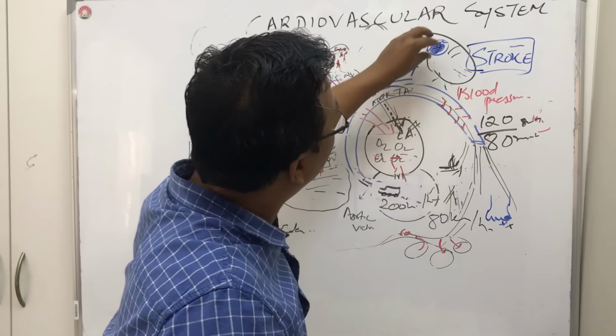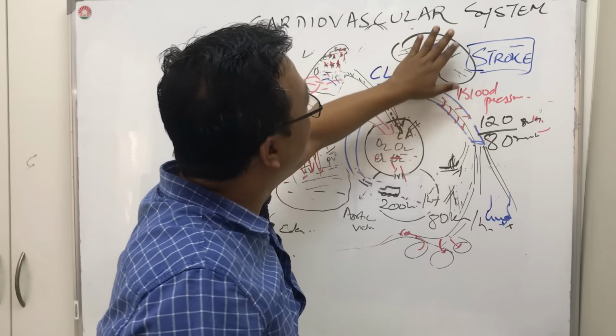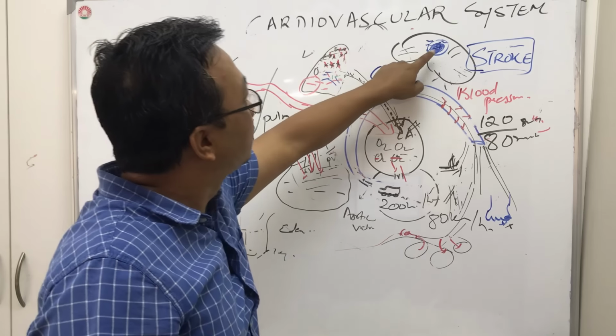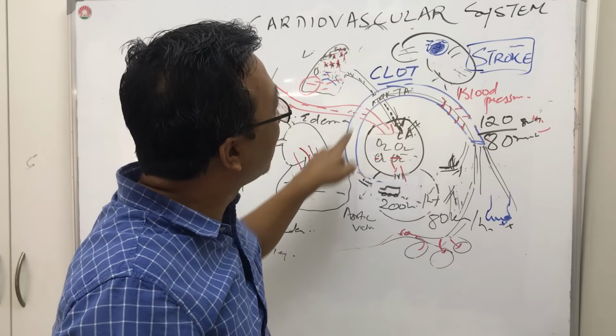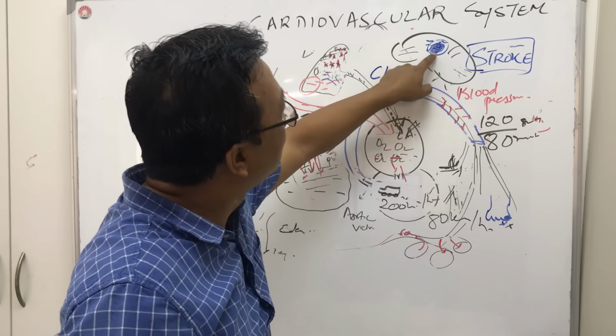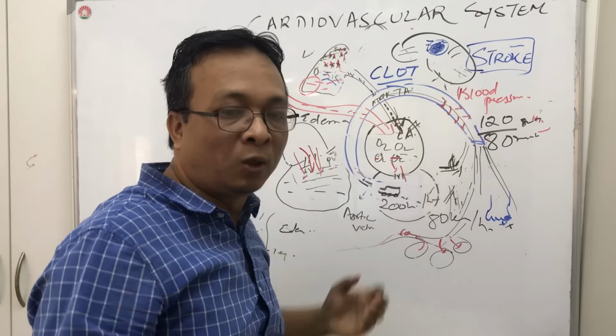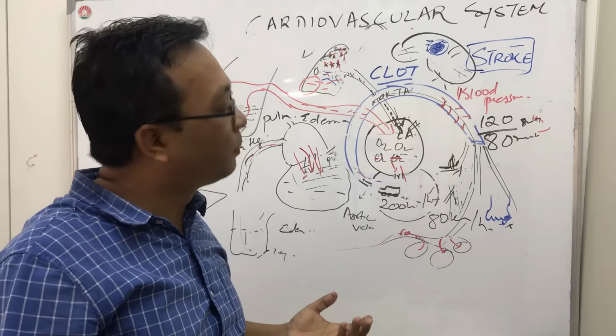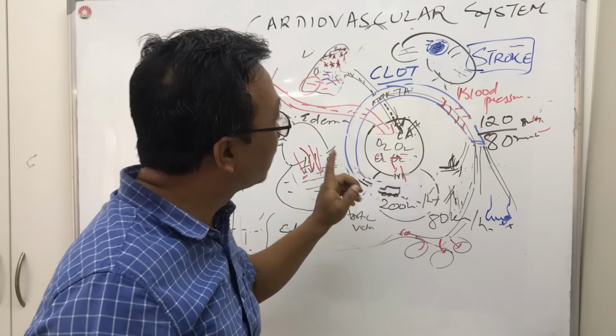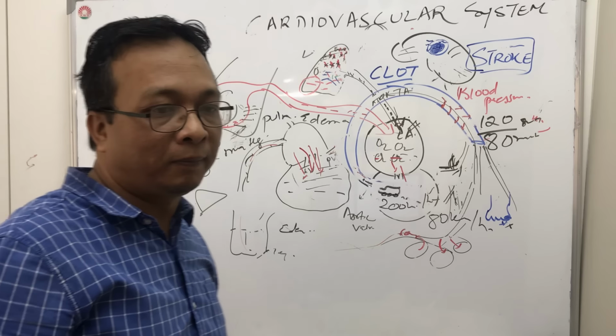If you throw a stone there, it will damage that part. If it damages one side, the right hand will be paralyzed; if it damages another, the left hand or left leg will be paralyzed. It depends on which part of the brain the clot is formed in. That's why high blood pressure is risky.